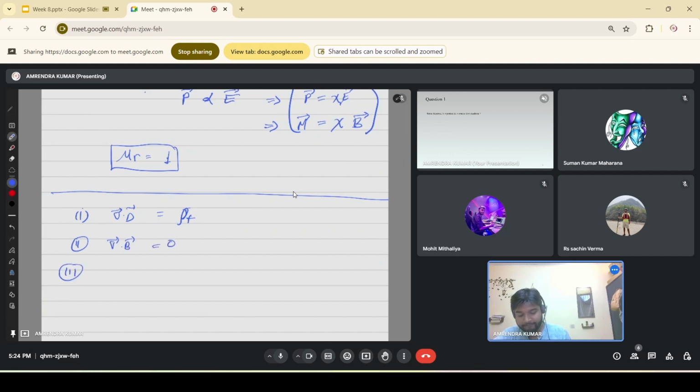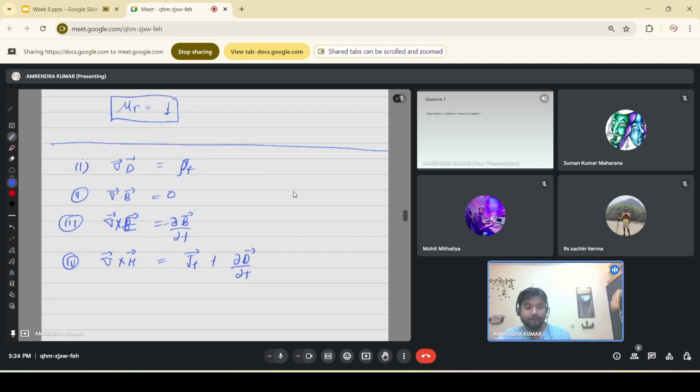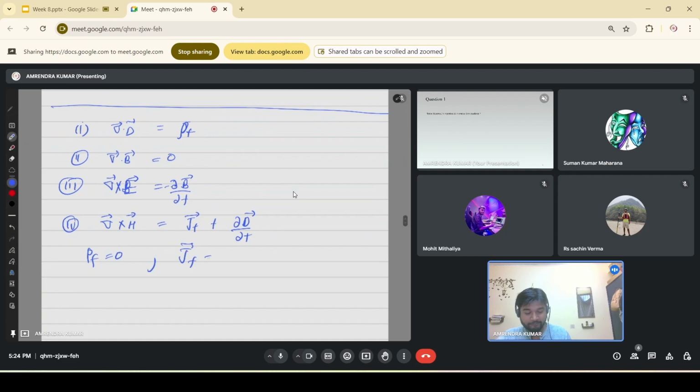The third is del cross E equal to minus del B over del t. The fourth one is del cross H equal to J free plus del D over del t. Now, what do I mean by source free? Source free means that free charges are 0 in the media, and the free current is also 0 in the media.